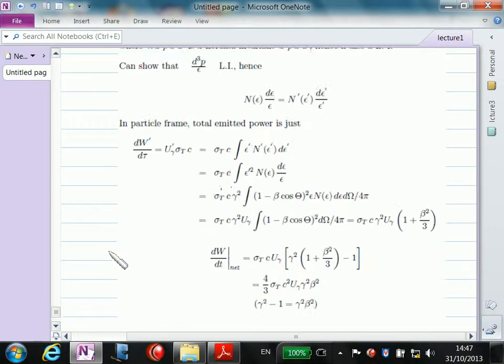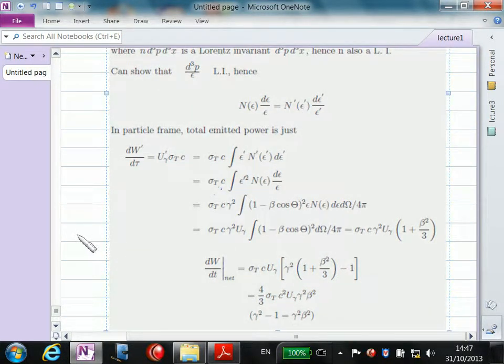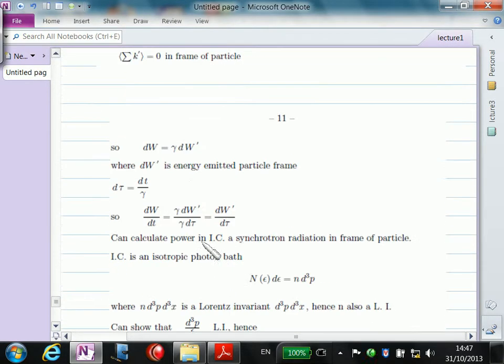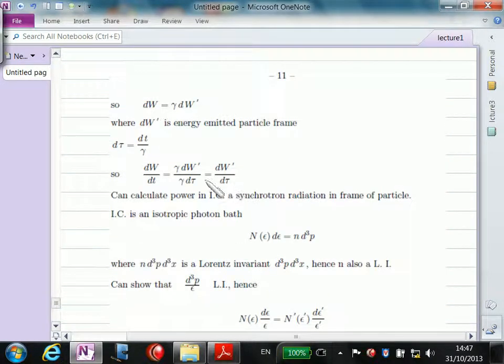So this calculation just tells you dW is gamma dW prime, and dt is d tau over gamma, so dτ is dt over gamma. So the emitted power is the same.